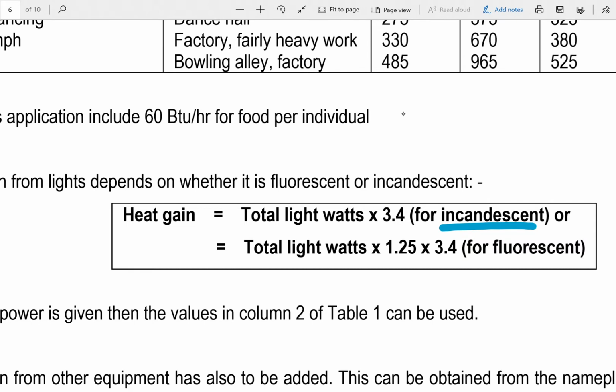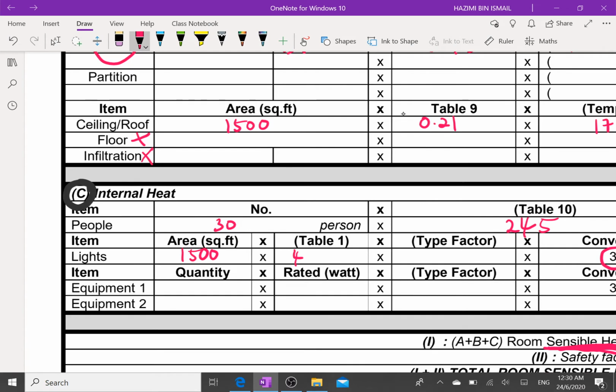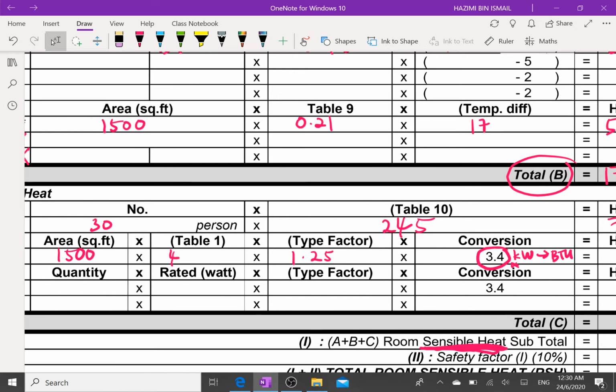But if it is fluorescent, it is famous for giving waste heat, so we have to multiply with the 1.25 type factor. So put 1.25 here, and the conversion 3.4. As I said before, it is the conversion from watt to BTU.